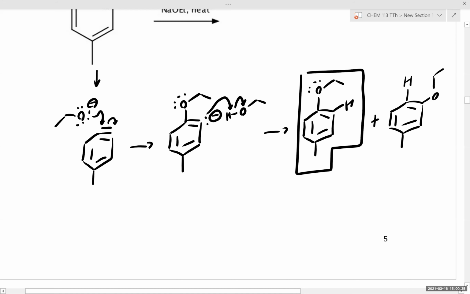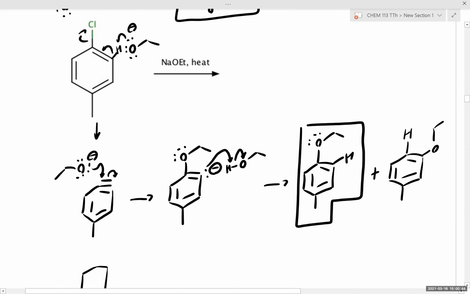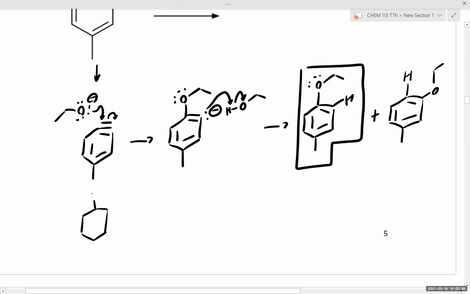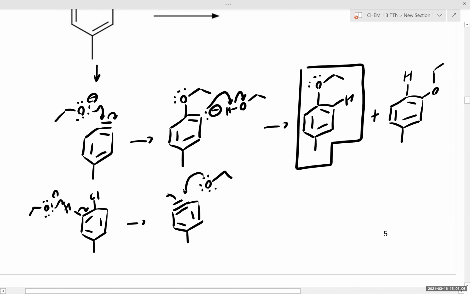The one other thing that we can note, although this isn't entirely favored, is that you can just as easily eliminate from the opposite position. And in this case, depending on your substitution pattern, attack onto this benzyne intermediate could yield different products. And that's probably what you're referring to in your question.